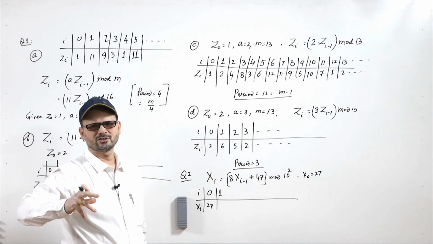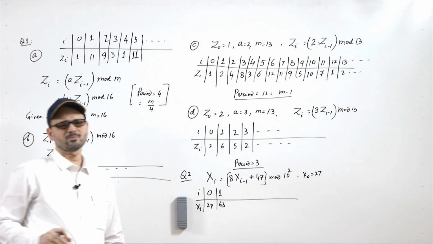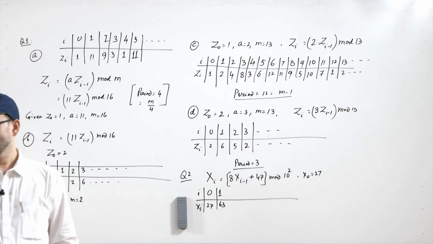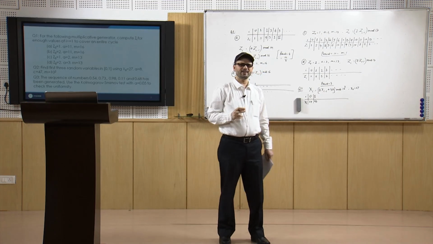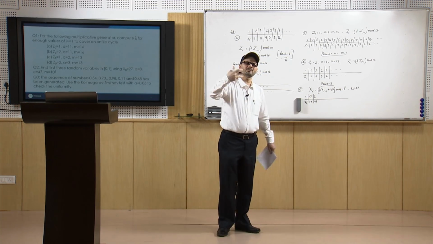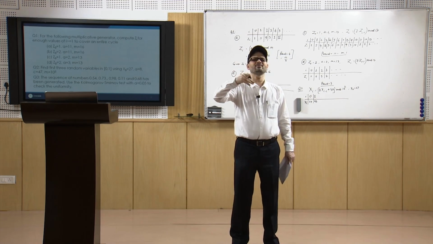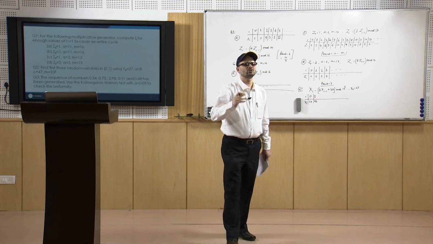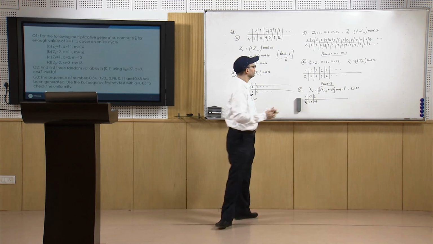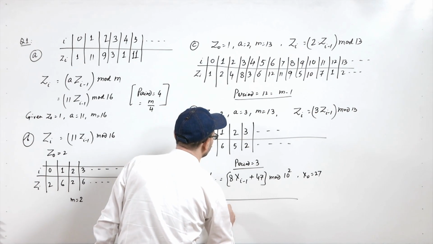So last 2 digits will be taken, so it will be 63. Now in this case you have to generate the variates. So in finding the variates you are going to divide it by m, because the maximum number is m, you are getting the mod of m. So you are going to divide it by m, that is 10 raised to the power 2. So your number will come as 0.63.